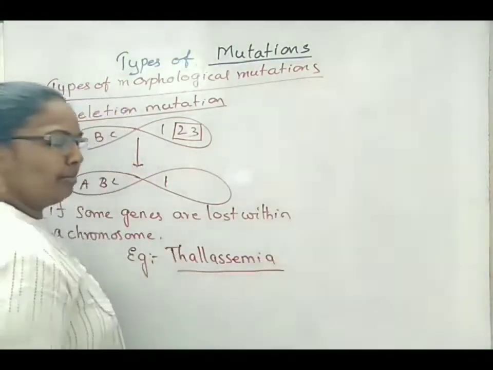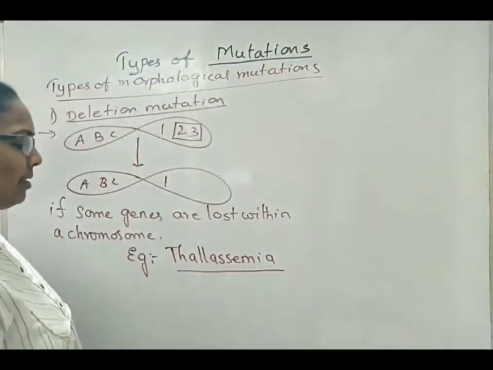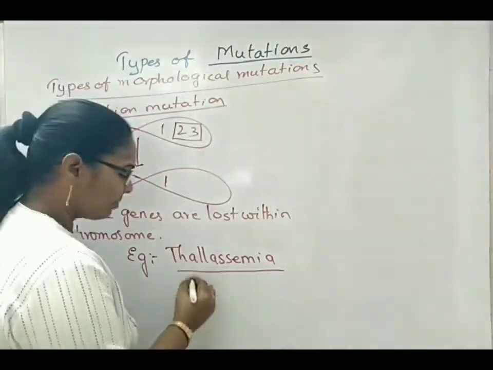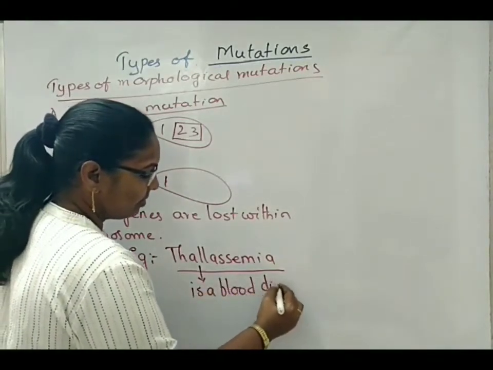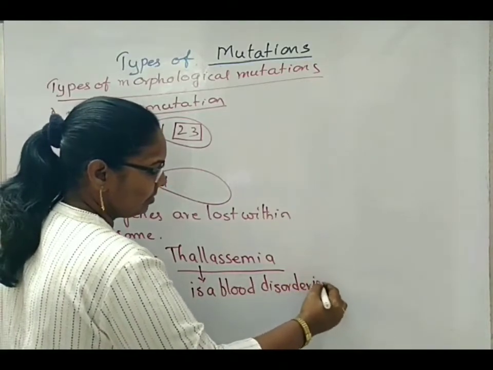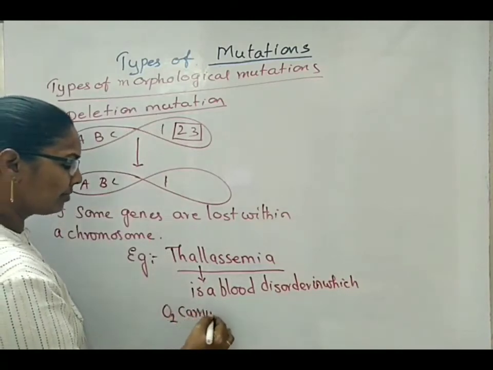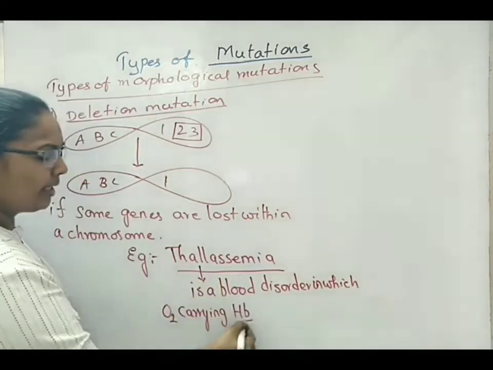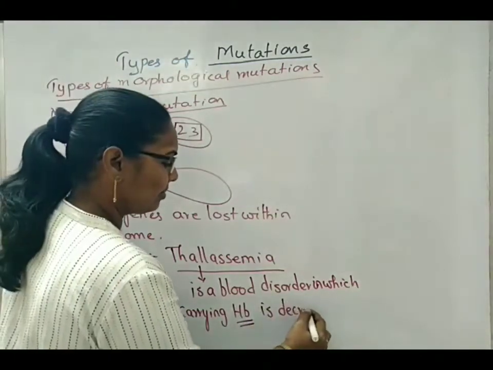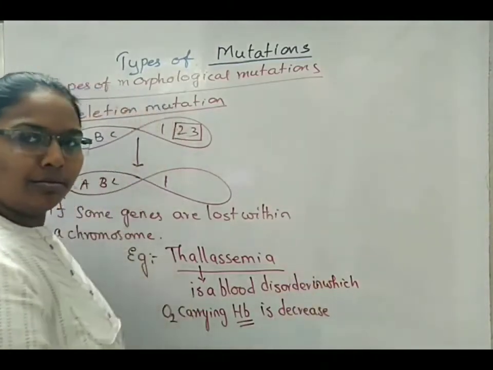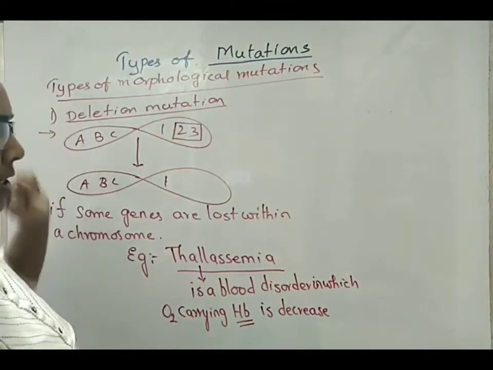Thalassemia is a blood disorder in which oxygen-carrying hemoglobin, I am indicating hemoglobin as capital H small b, is decreased to a great extent. So this is one example under morphological mutations.